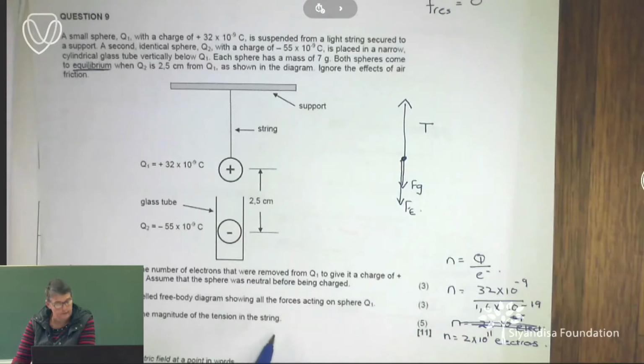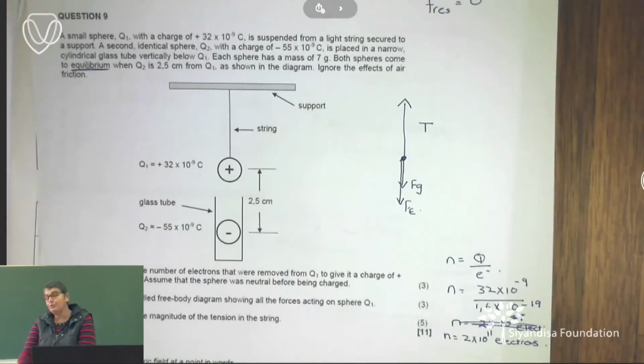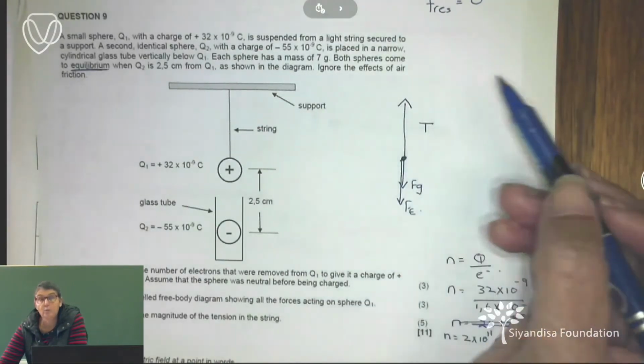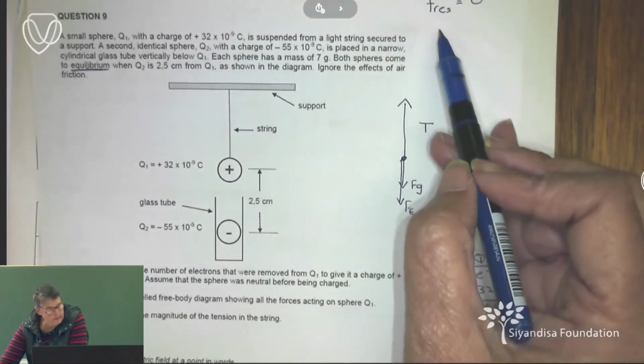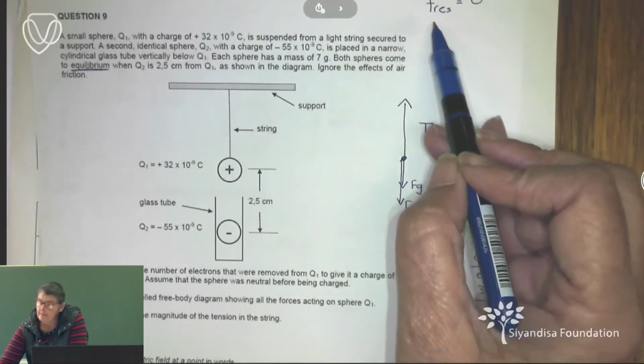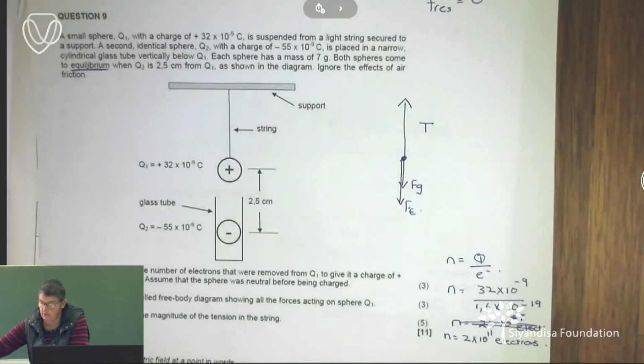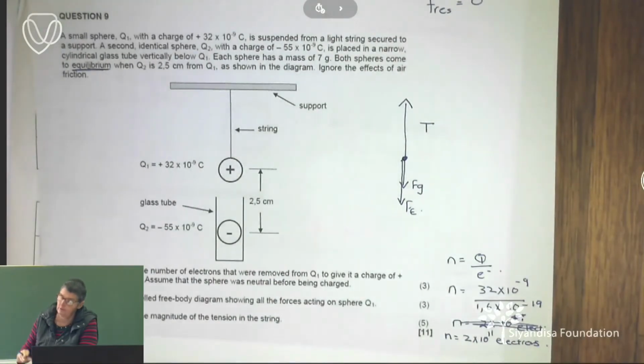Right, okay. The first thing I think that we do need to remember here is that we said they were in equilibrium. And when something is in equilibrium, it means that the resultant force or the net force is equal to 0. So let's quickly have a look.